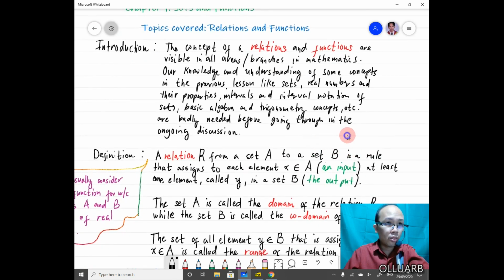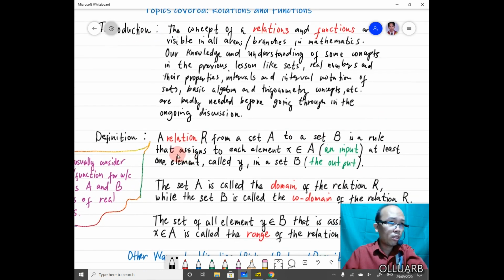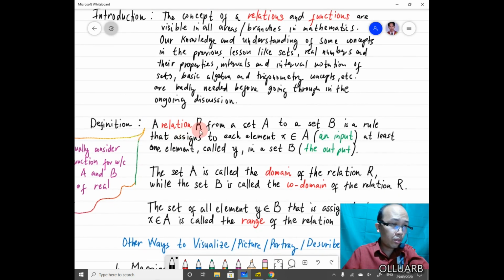So for our first definition, let's define relation first before going through the definition of a function. As you can see here, a relation, denoted by a capital letter R, from a set A to a set B is a rule.